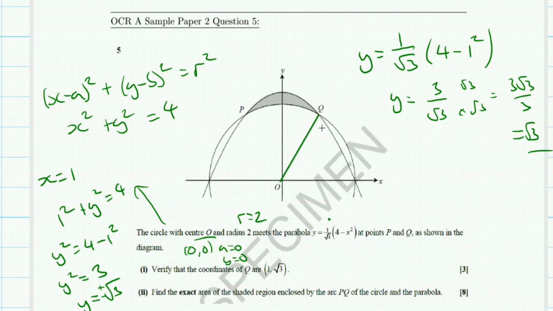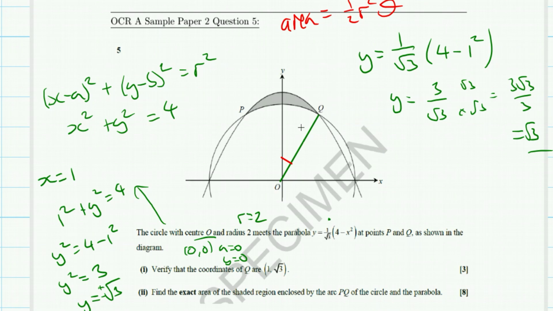I can do 2 things for the area. I know how to find the area under the curve with integration, but integration with x squared plus y squared is beyond the level of the course. But what I do know is I can find arc length, and remember that the area of a sector is equal to half r squared theta.